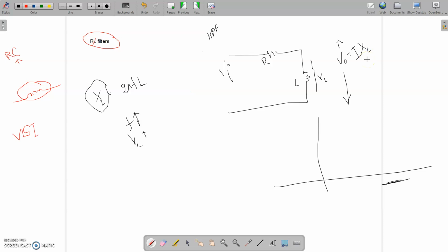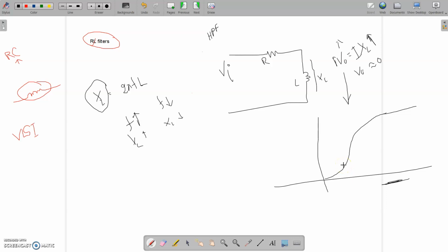I·XL. So if XL increases, my V output increases, so I have much higher output here. In the opposite way, when I have low frequency, XL decreases and becomes close to zero, so my V output becomes almost zero. So this is my high pass filter.